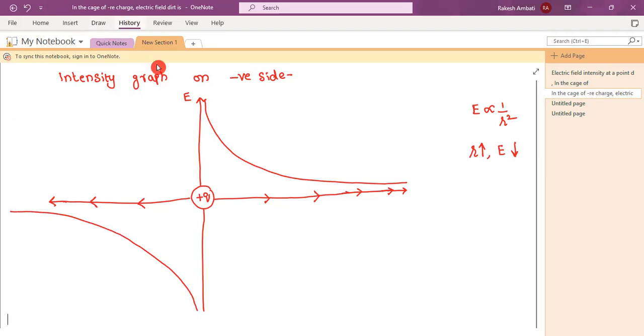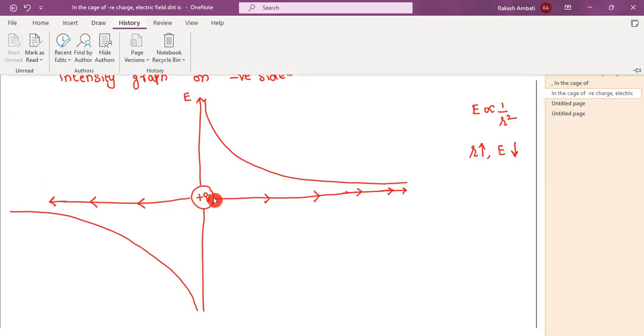In the case of positive charge, electric field is away from positive charge. If electric field is in the positive direction, we draw the intensity graph on the positive side. If electric field is in the negative direction, we draw the graph on the negative side.